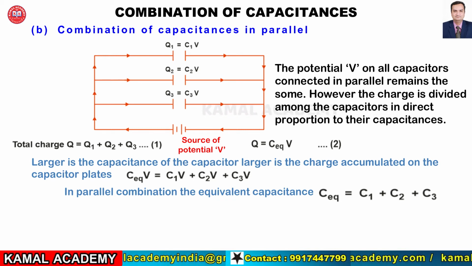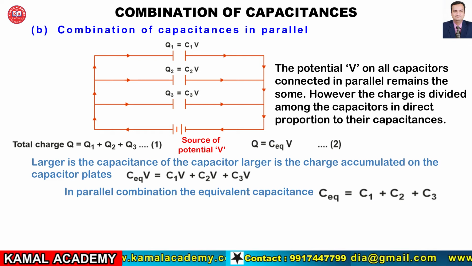To determine the magnitude of charge Q1 on plates of capacitor with capacitance C1, we multiply the potential drop across the capacitor with its capacitance C1. So we get Q1 is equal to C1 into V. Now from equation 2, V can be written as Q upon C equivalent.